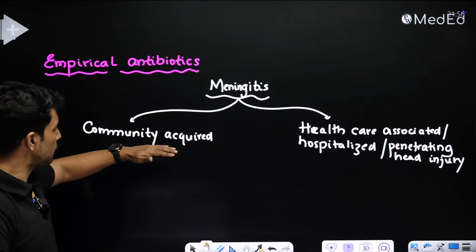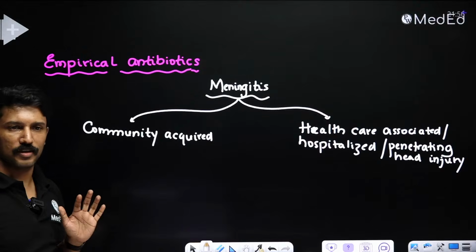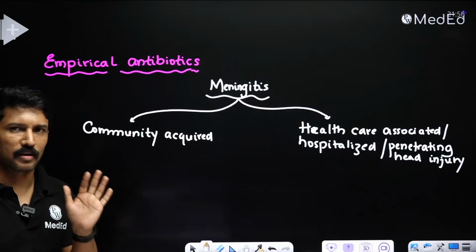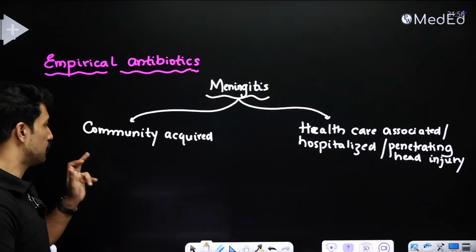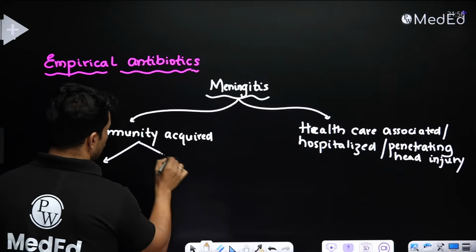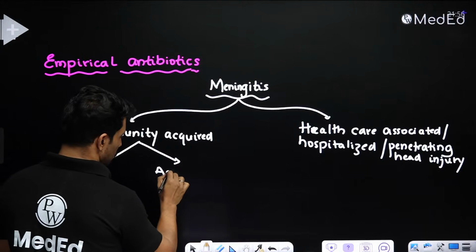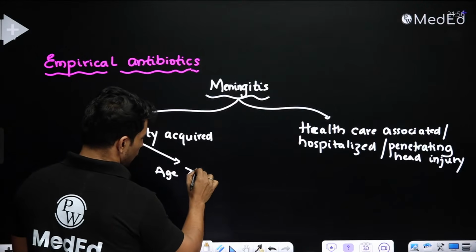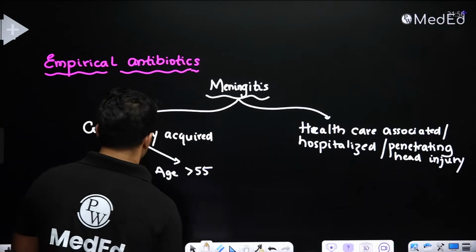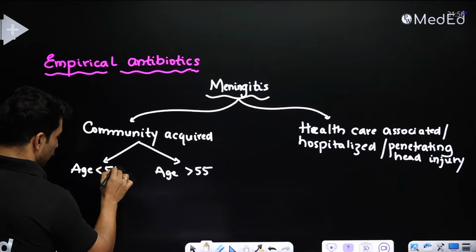So I shouldn't be thinking about Pseudomonas in patients with community acquired meningitis, because Pseudomonas is primarily a hospital acquired organism, but Listeria is still a concern. So in a community acquired case, I will look at the age of the person: more than 55 years, or less than 55 years.